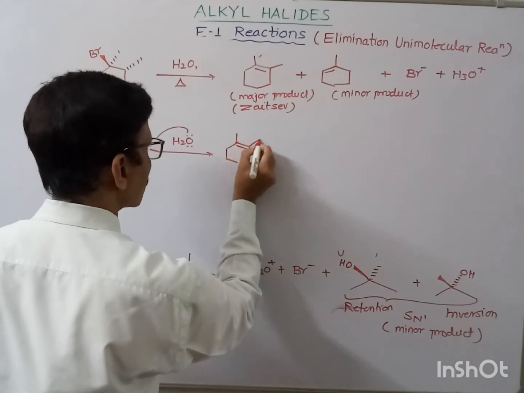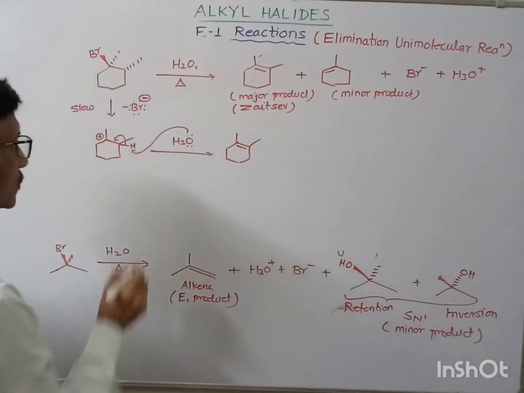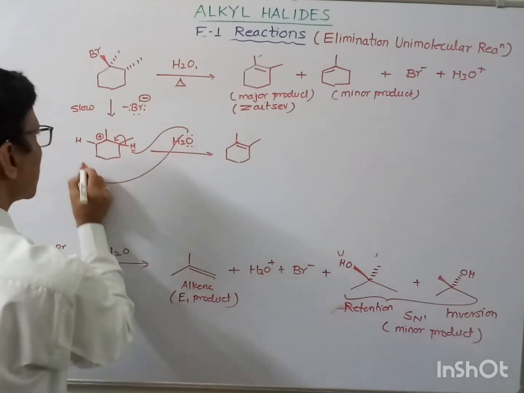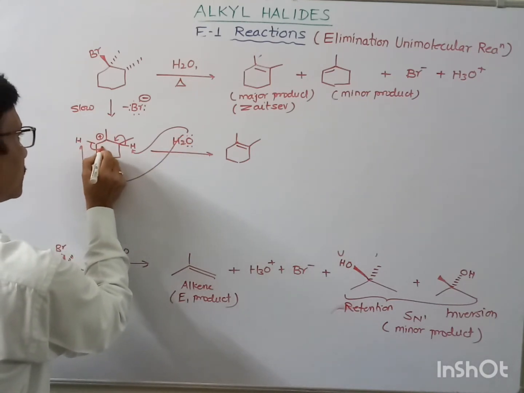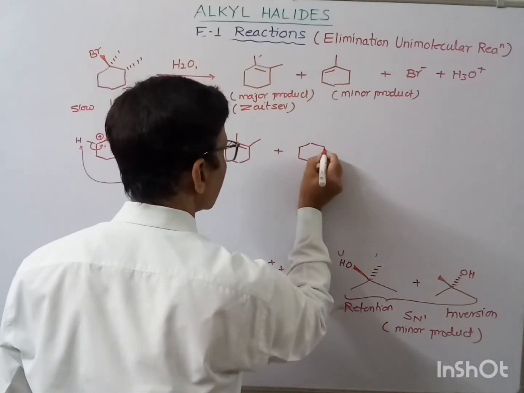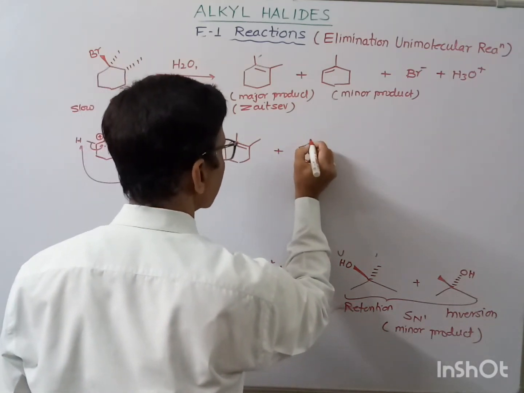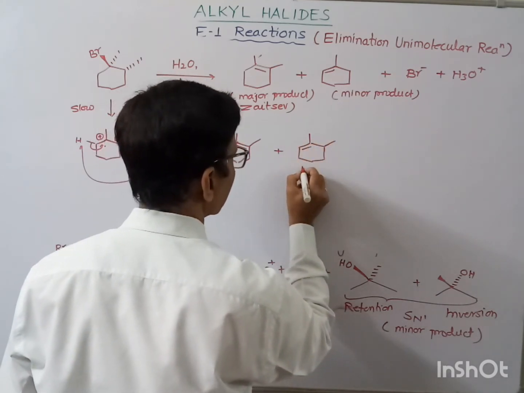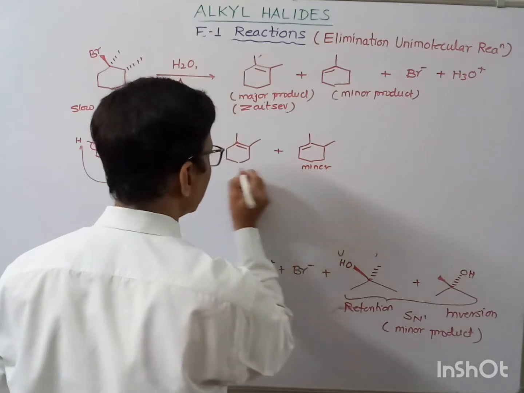So we will get this product. Otherwise, here also one of the hydrogen atoms is there; it may take this proton and the double bond may form over here. But that is the less substituted product, that's why it would be the minor product. So this is minor, and this would be the major product.